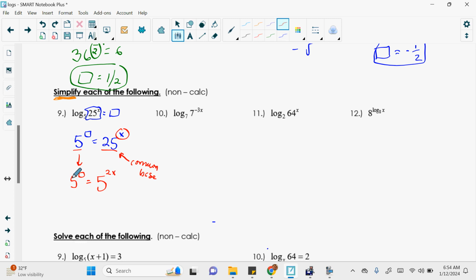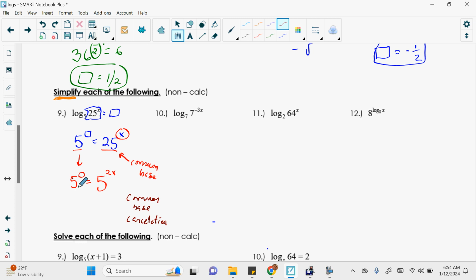And this is going to be something as we move along in logs, this common base cancellation. If your bases are the same, you're going to be able to cancel them out, okay? So what our value is going to be is box equals 2x. So it's basically like we just did, but we're going to have to use this common base cancellation here.